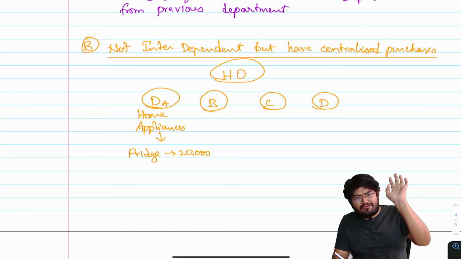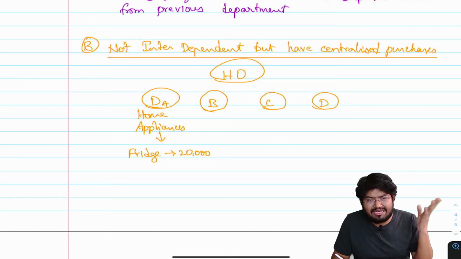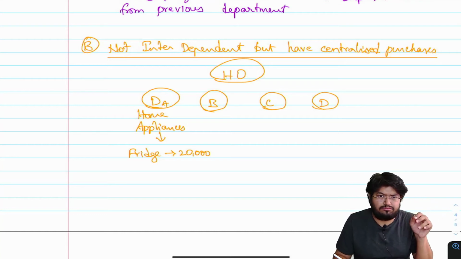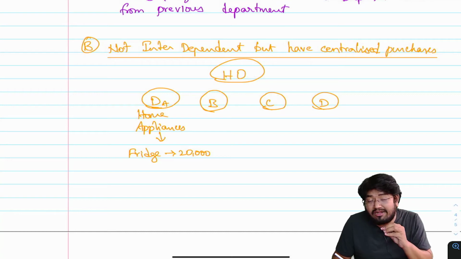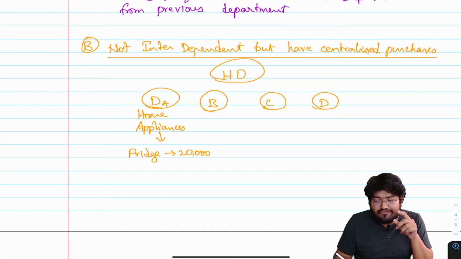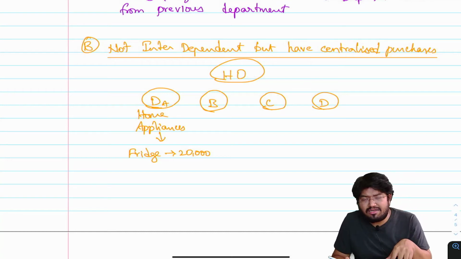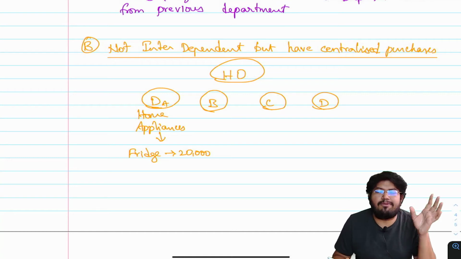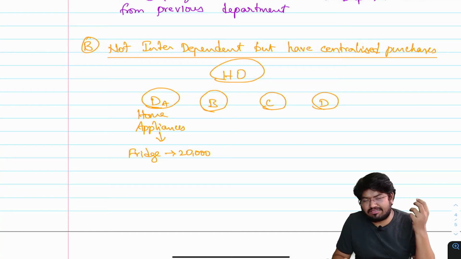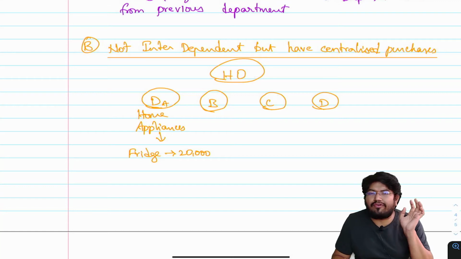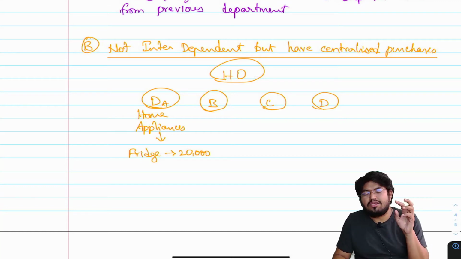You display whatever you want. You tell that it is 25,000 and then give 20,000, I don't bother, but you should sell it for 20,000. In which case, this department will showcase multiple offers, try to convince the customer and get it sold for 20,000.